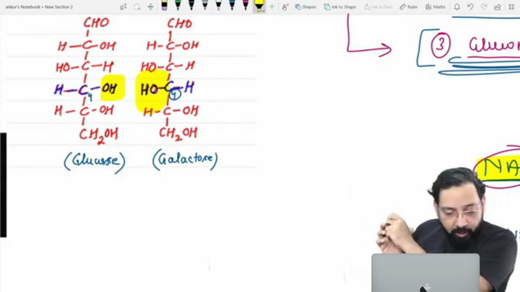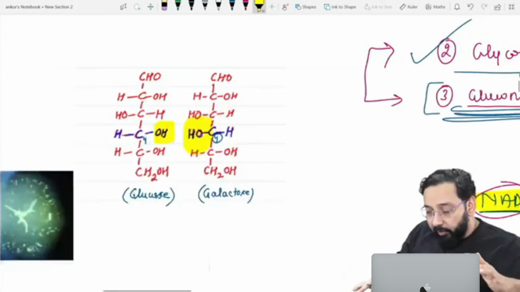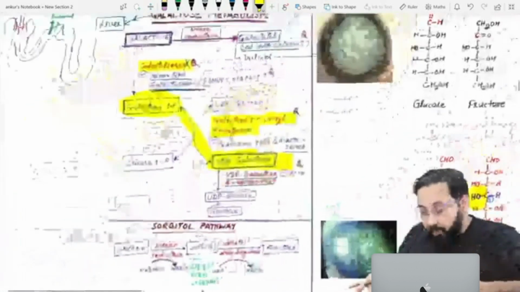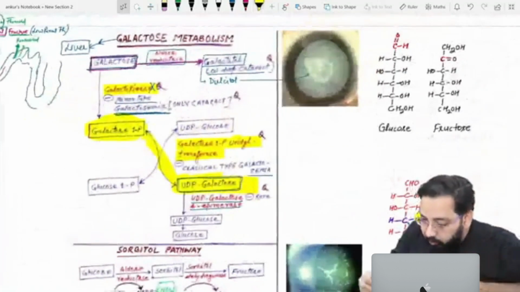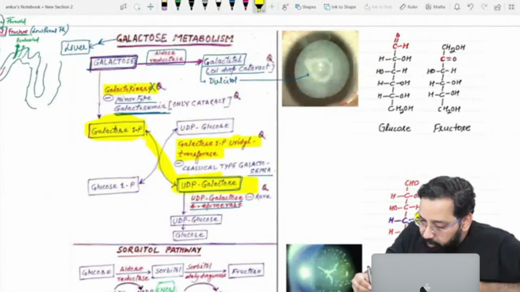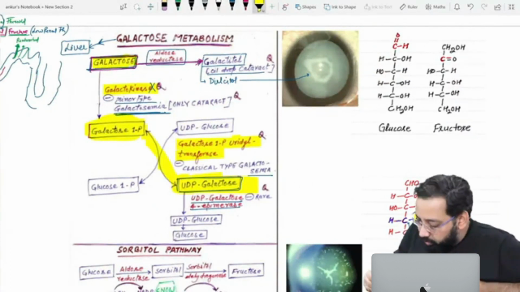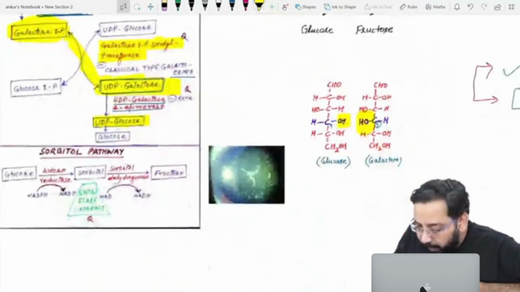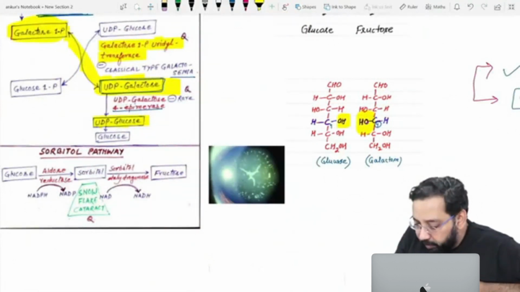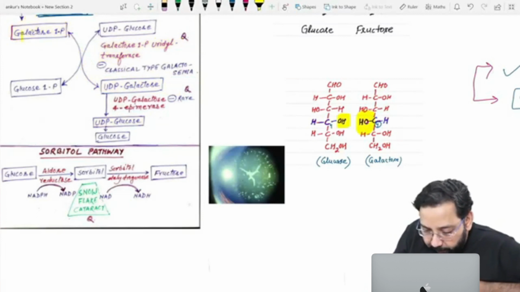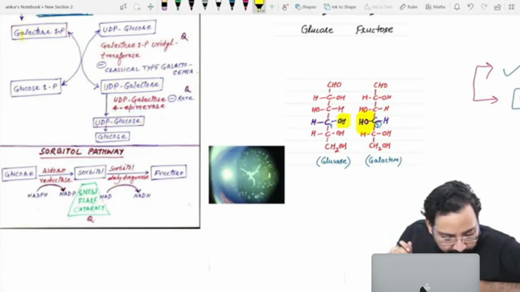So galactose metabolism is nothing but conversion of galactose to glucose. UDP galactose is converted to UDP glucose by UDP galactose 4 epimerase. Why 4 epimerase? Because galactose is an epimer of glucose at C4. Understood, Divya?